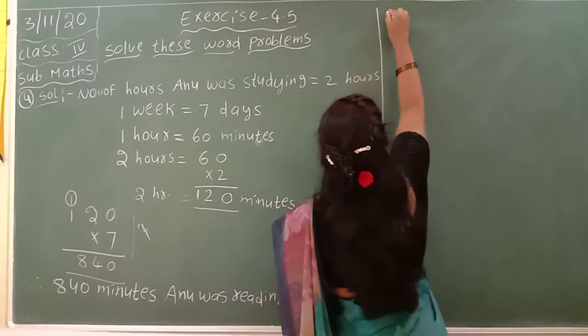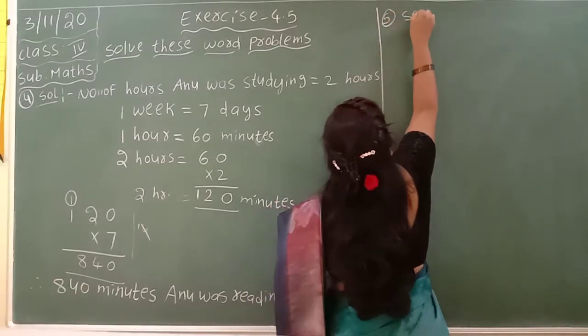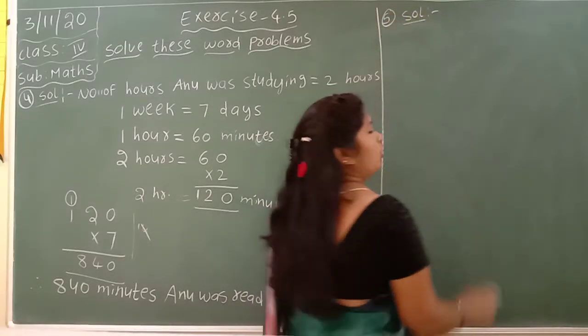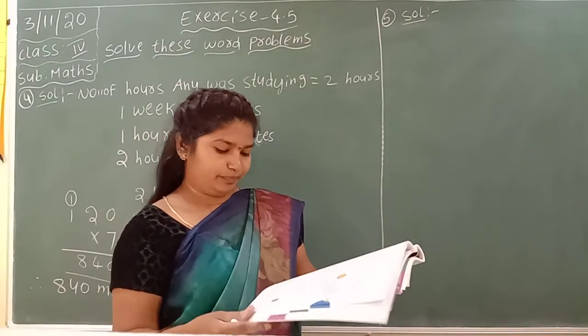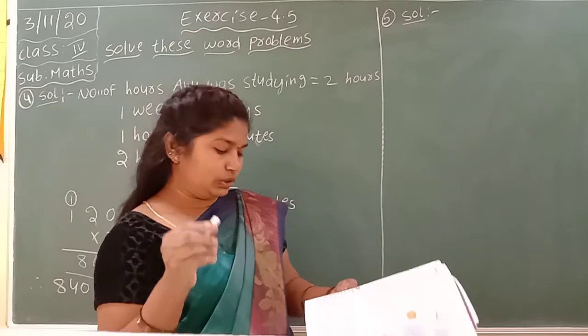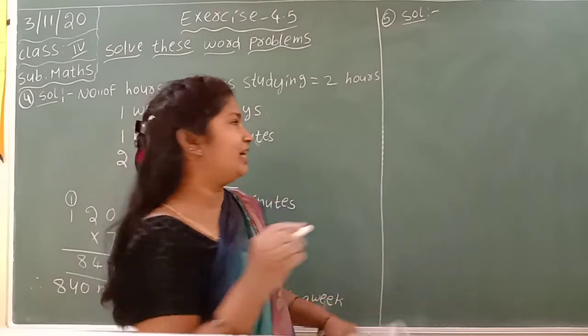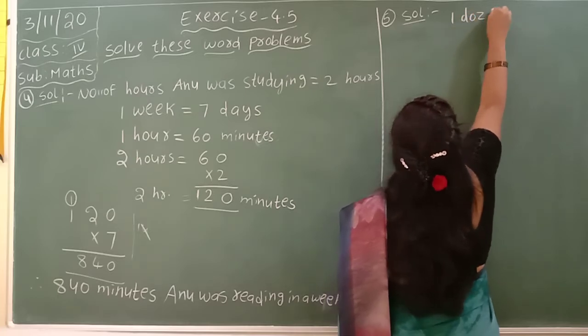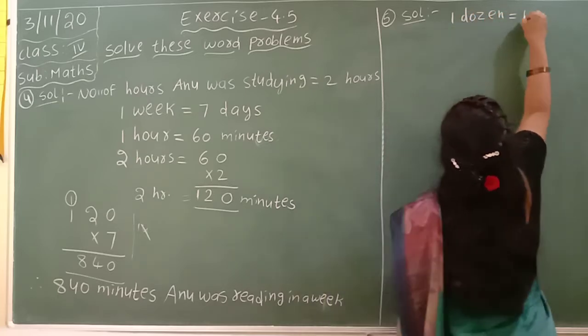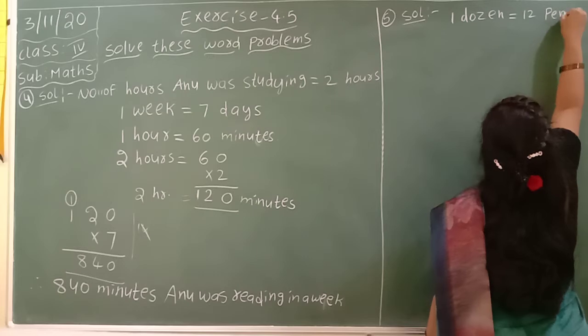Here, 5th solution. How many pencils are packed in a box? Total dozen. 1 dozen is equal to 12 pencils.